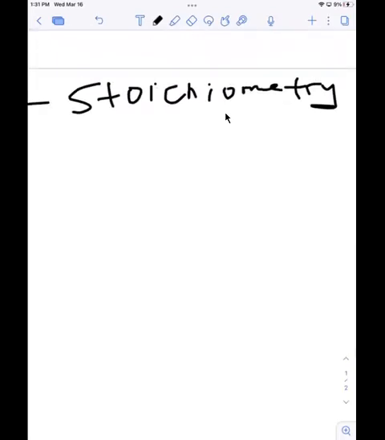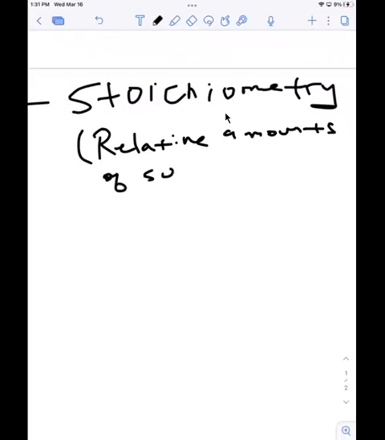Stoichiometry is a very fancy word, but really, it's a relationship word, right? So it's basically the relative amounts, and I'm going to abbreviate reaction as RxN. When you see me write that, it's just an abbreviation for reaction. So relative amounts of substances in a reaction.